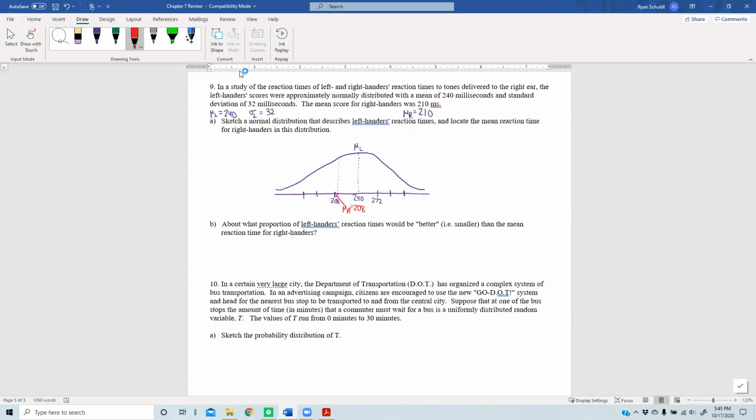Now, what proportion of left-handers' reaction times would be better than the mean of the right-handers? Which, remember, better means smaller here. So we want this area right here. What's this area equal to? Okay, well, that means we want the probability that L is less than 208.